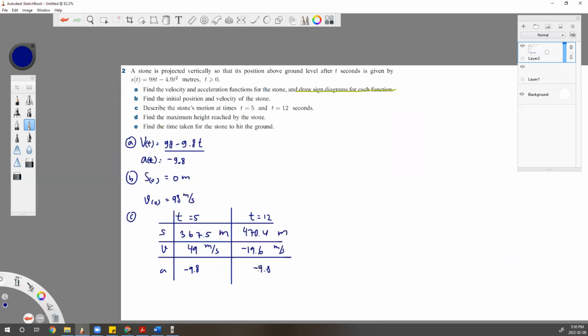So for question C part, when t equals 5, you can determine. So I just type it.